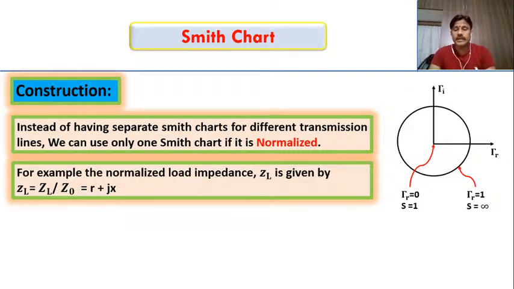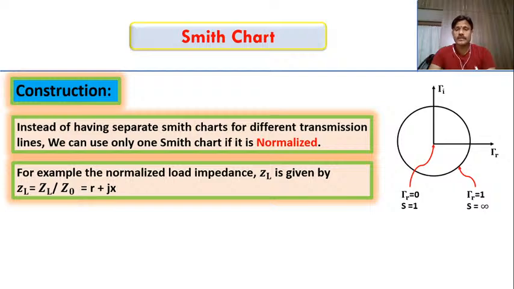For example, the normalized load impedance small z L is given by small z L equals capital Z L by Z0. Capital Z L is without normalization. So to normalize the load impedance capital Z L, we just divide by its characteristic impedance Z0.